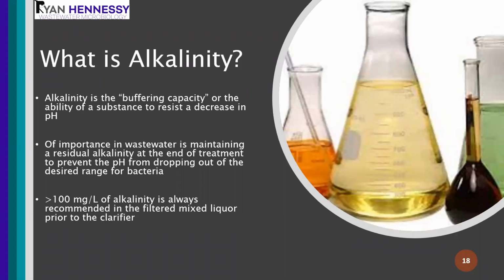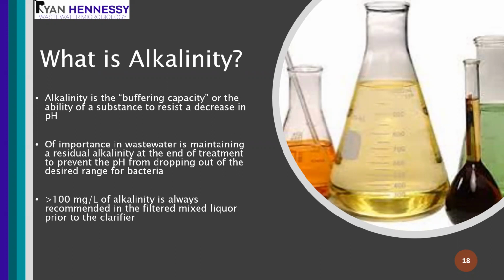Alkalinity is similar, related to pH in a lot of instances, but there are also some instances where they can be separate. The easiest way to think of alkalinity is as a buffer, a measurement of the ability to resist a decrease of pH.